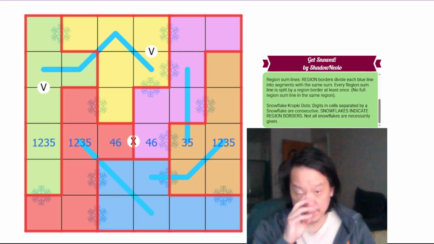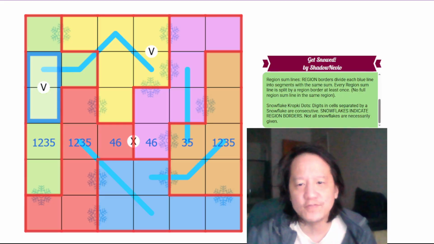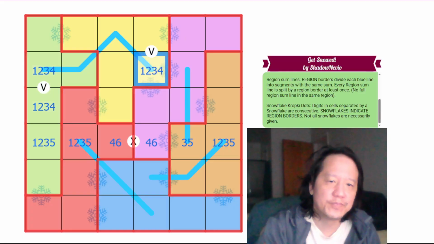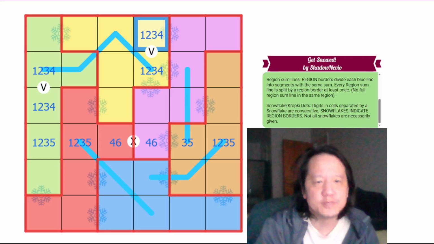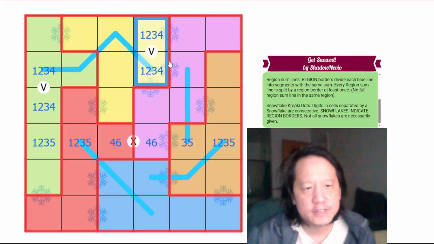Okay, so we know these 2 cells. So let's fill out the rest of the V's and the snowflakes we have there. So these must add up to 5. Let's see.